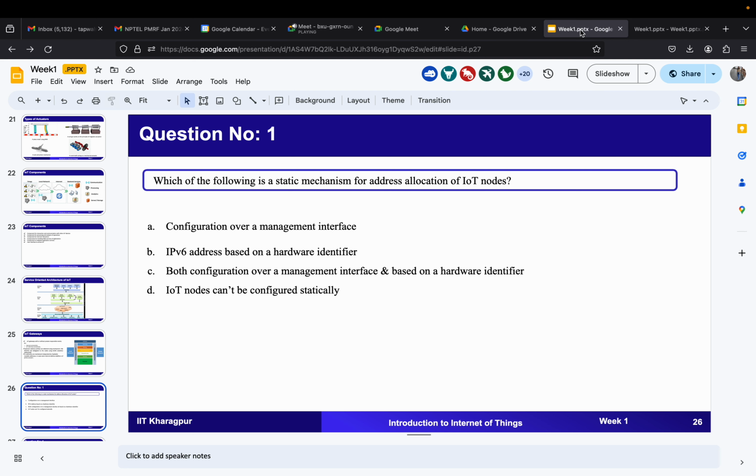So the first question is, which of the following is a static mechanism for address allocation of IoT nodes? Options are configuration over a management interface. Second option is IPv6 addresses based on a hardware identifier. Third is both configuration over a management interface and based on hardware identifier. And fourth one is IoT nodes cannot be configured statically.